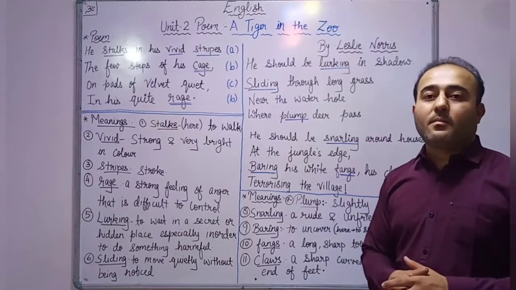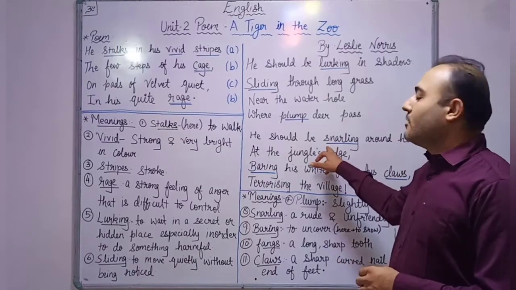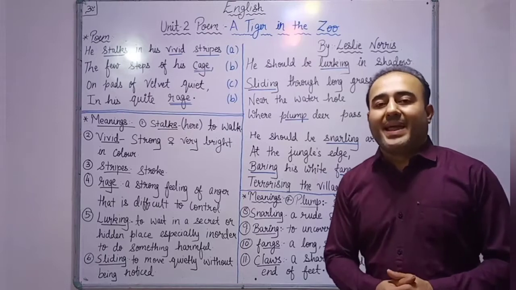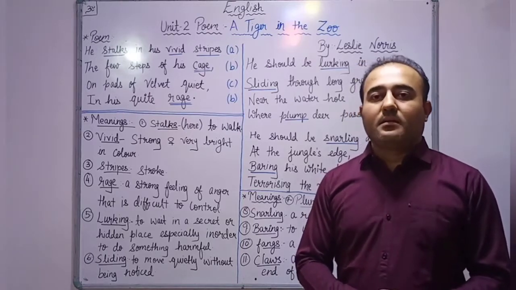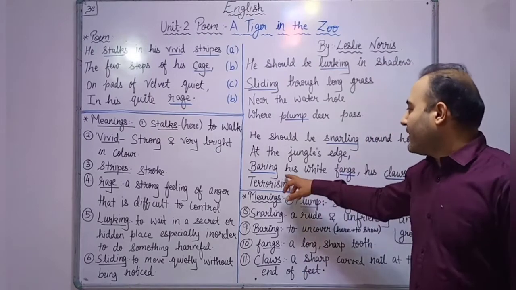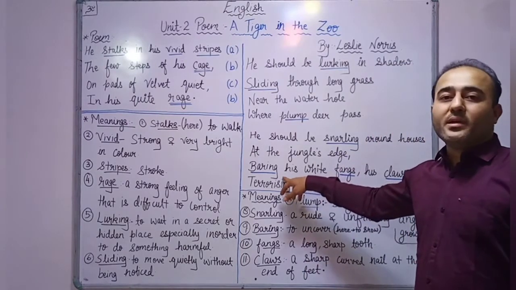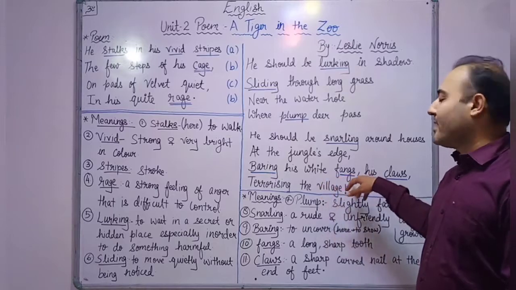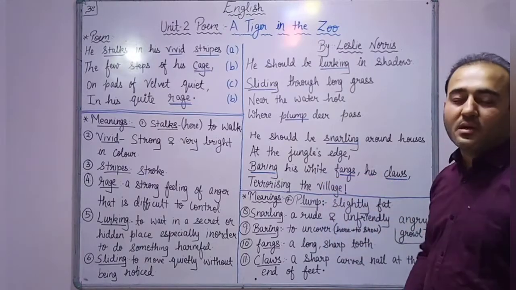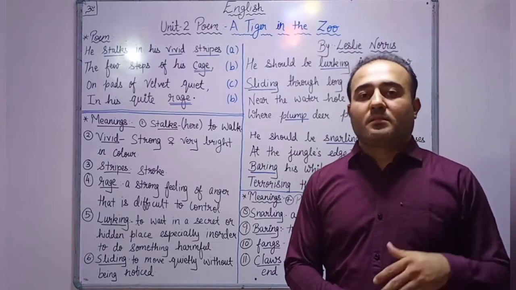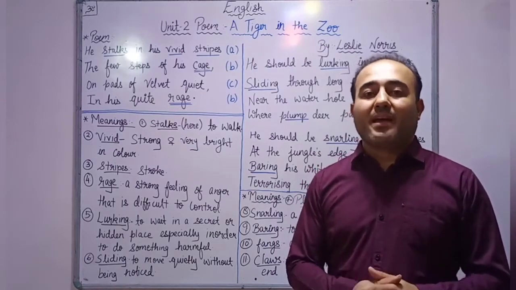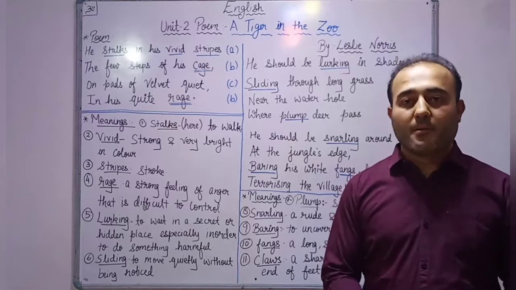So, the tiger might be growling at the end of the jungle near some village, and there he might be showing his white fangs and his claws, and it might be trying to threaten or scare the villagers nearby.